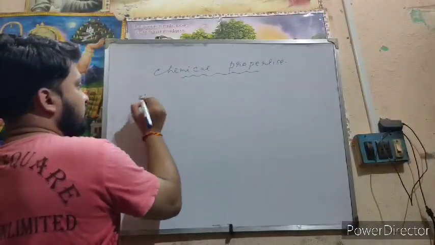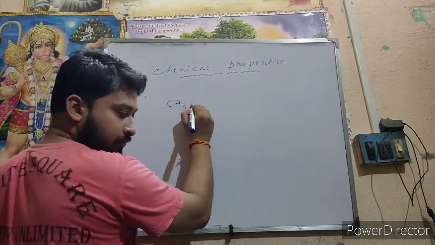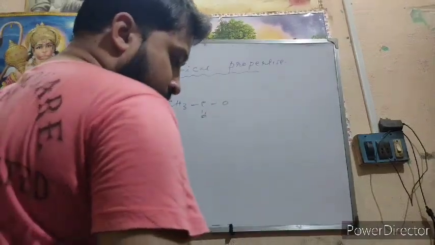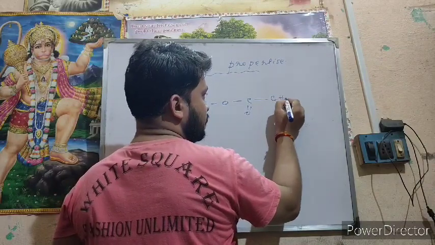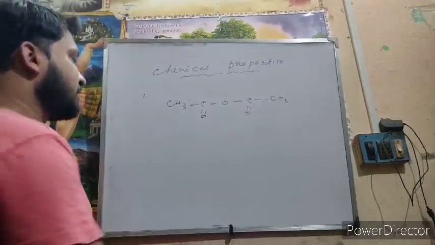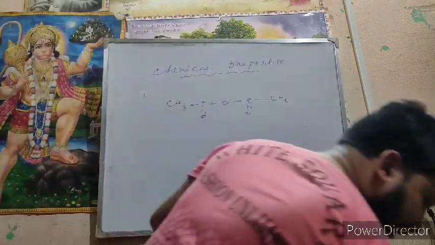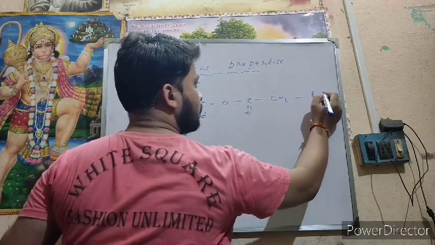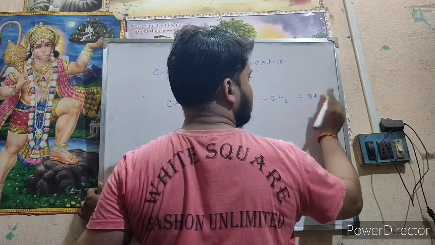Now acid anhydride. So you take CH3 C double bond O and C double bond O CH3. This is given. And you want to react it with ROH.